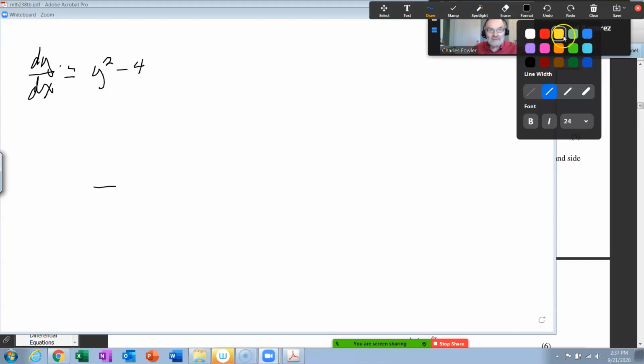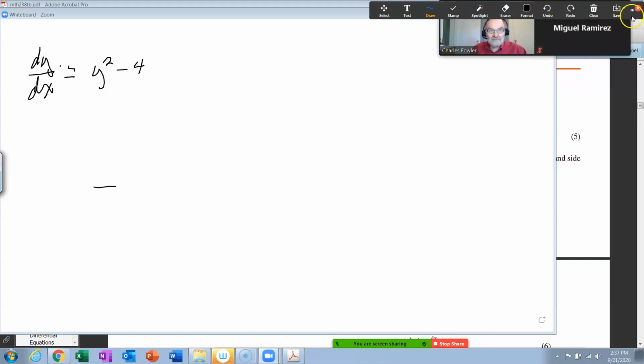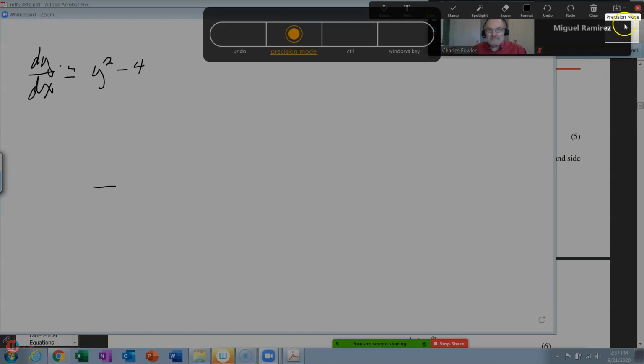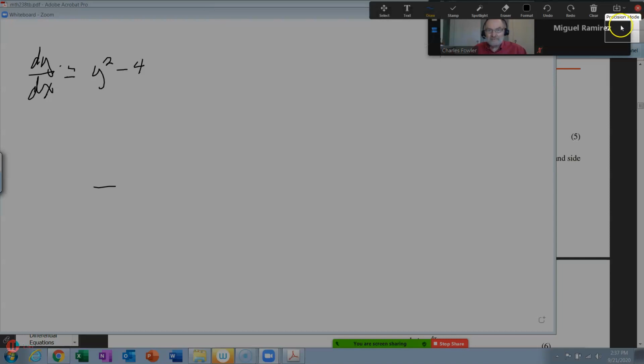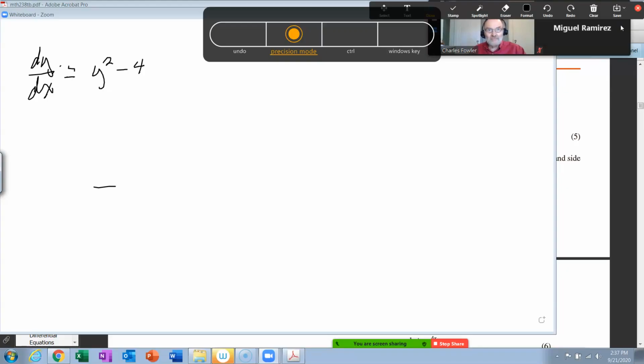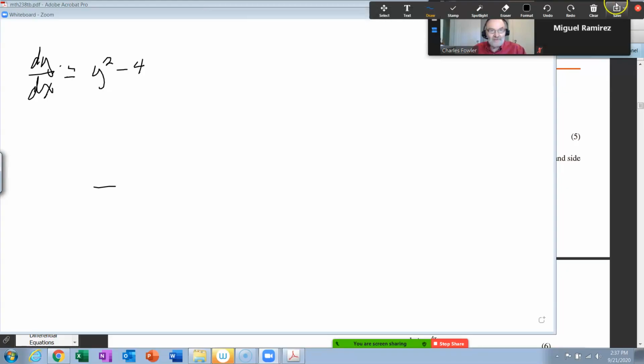Well, it looks like I'm not going to be able to erase. Sorry about that. I think it's a Wacom problem, maybe how it interacts with Zoom. I just don't know. The eraser is not working.